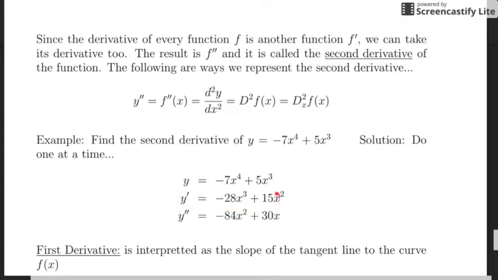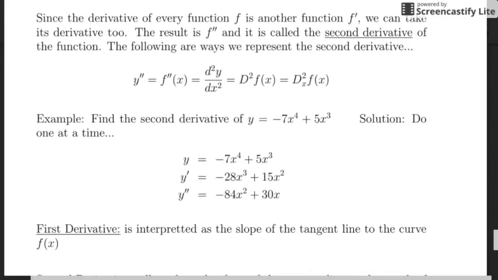So there's our first derivative, and then we just do it again. For the second derivative, we bring the 3 down: 3 times negative 28 is negative 84x squared. Bring the 2 down, 30x. And that's all it is. There's really nothing more complicated than that, he said, knowing that sometimes it gets a little bit more complicated than that, but we'll get to that in just a little bit.